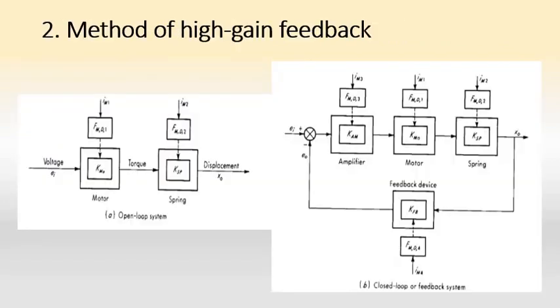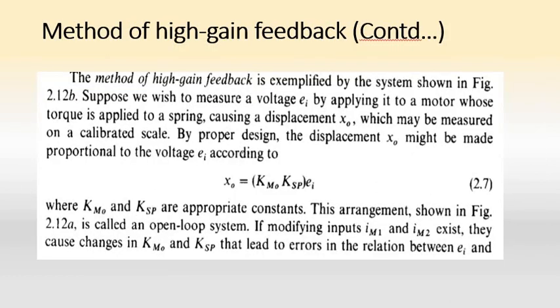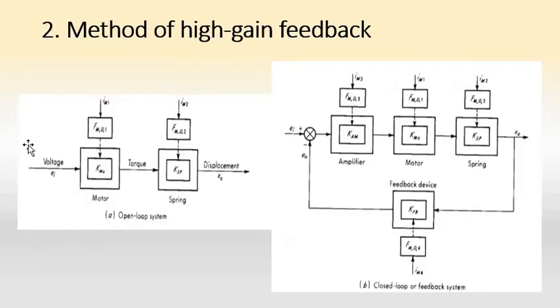The second method is the method of high gain feedback. You can see an open loop system here and a closed loop system here. To explain this, suppose we are measuring a voltage EI. See this open loop system.